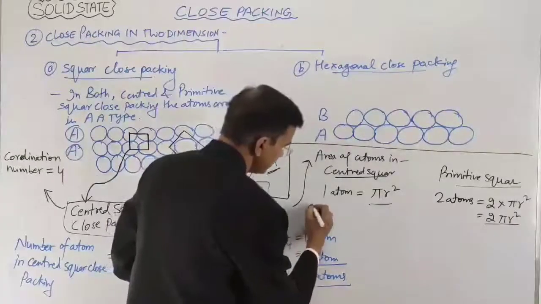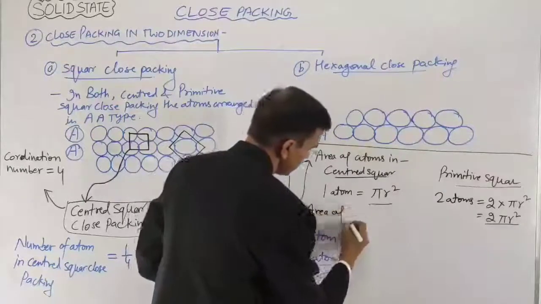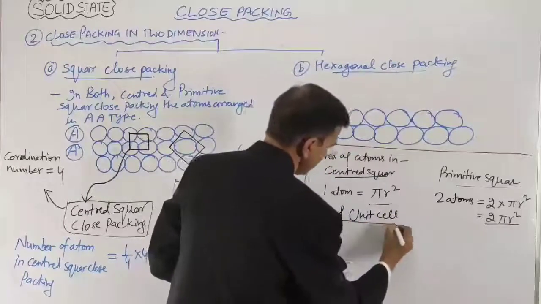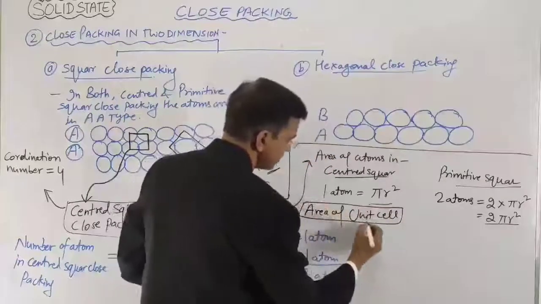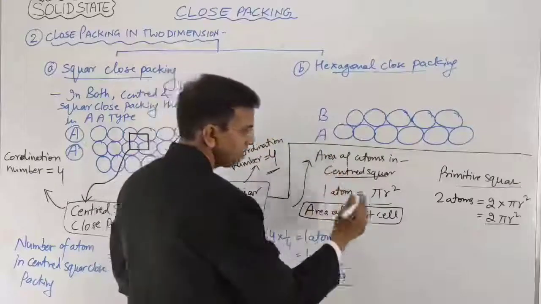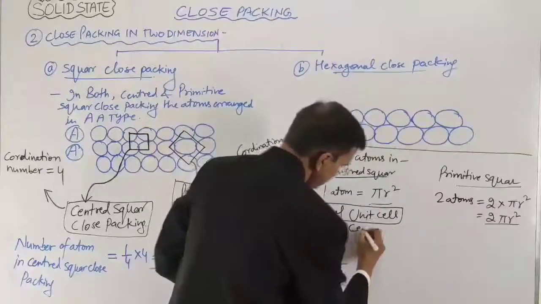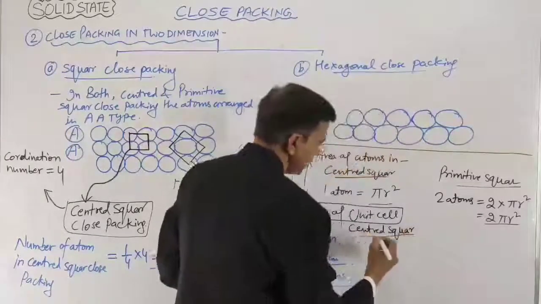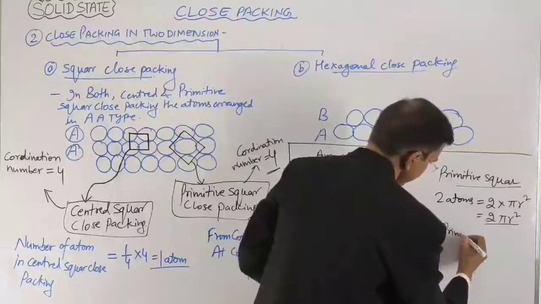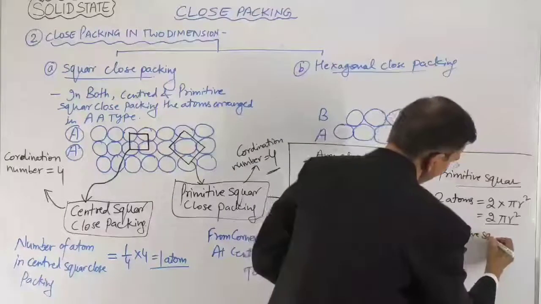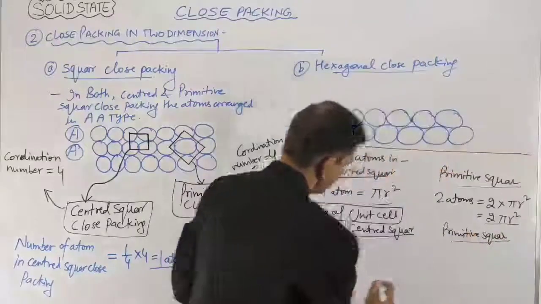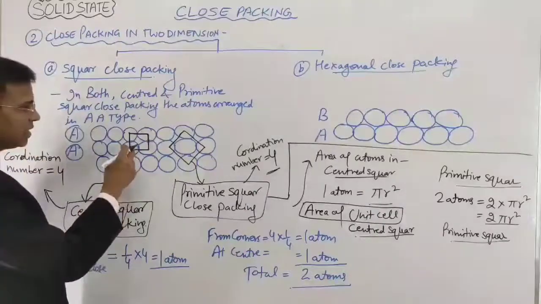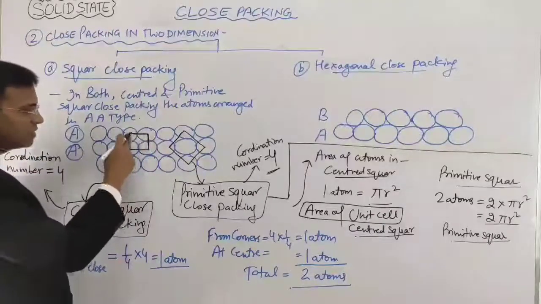Area of unit cell, in centered square and in primitive square. So at centered square, if you observe here the area of unit cell, it is a square.